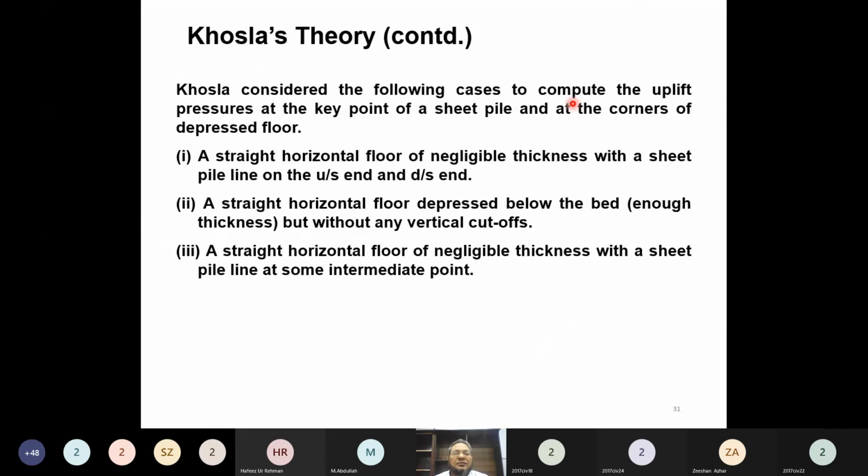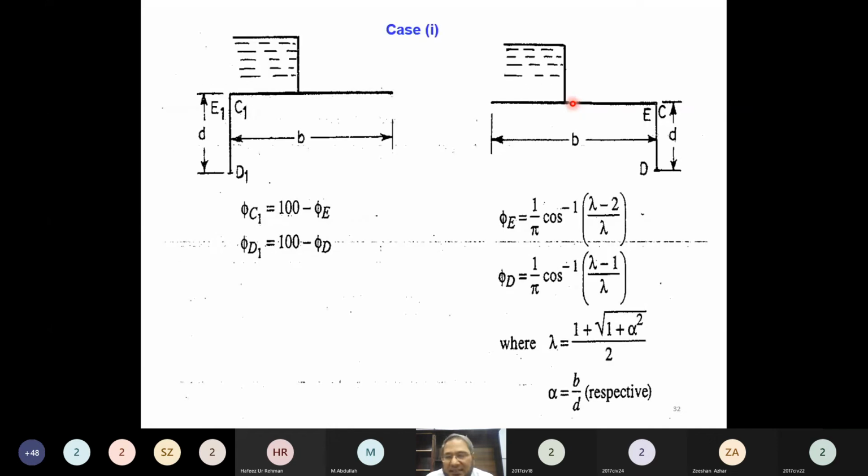Now we would like to discuss one by one. So this is the case number 1. What is in case number 1? This is a concrete floor of negligible thickness. This is some head of depth of water, and a sheet pile is provided on the upstream side or on the downstream side. How much is the length of the sheet pile?